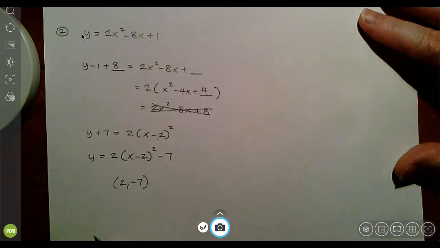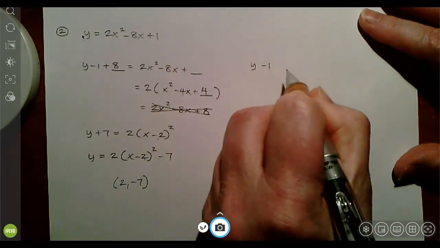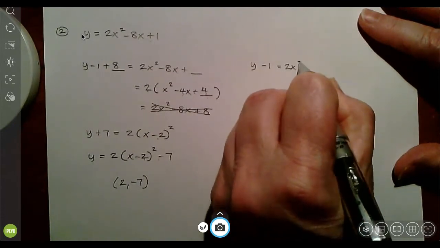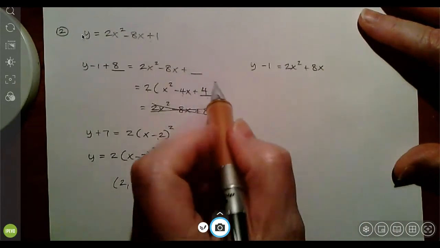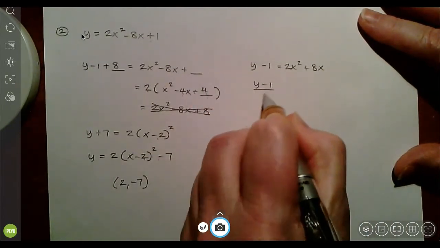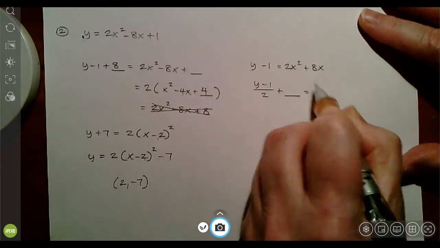The other option is you can do this, right? I can say I'm going to subtract 1 from the beginning and get 2x squared plus 8x. And then I can divide both sides by 2. And then I'm going to leave a blank there because I'm going to complete the square on the right side.